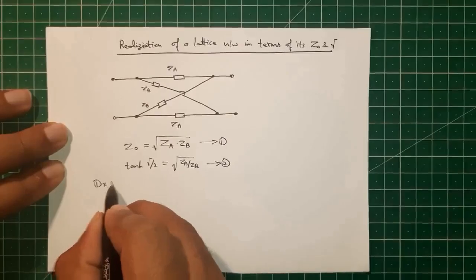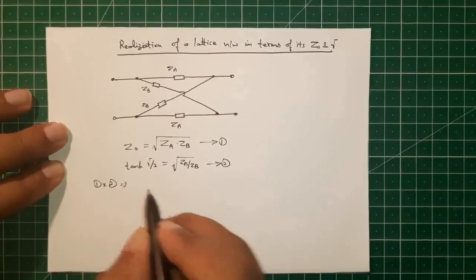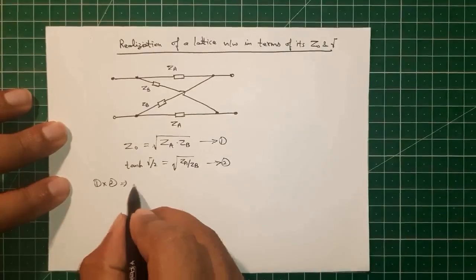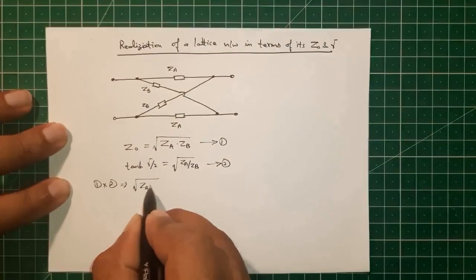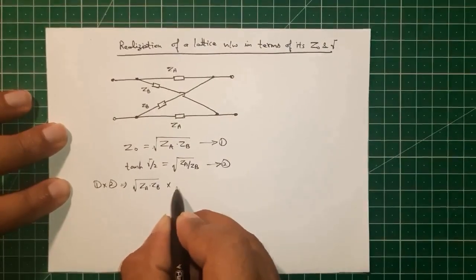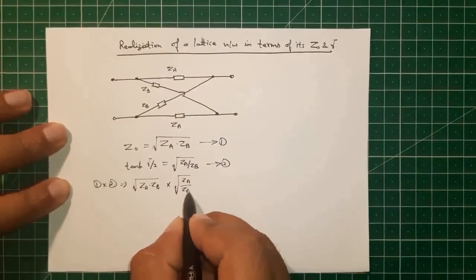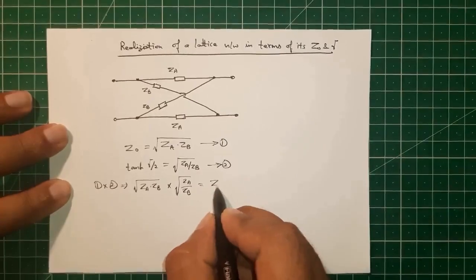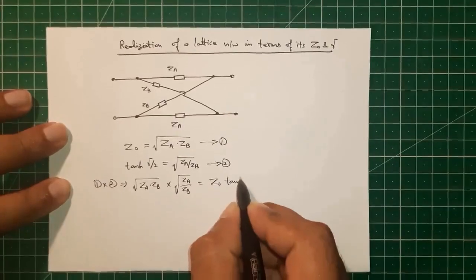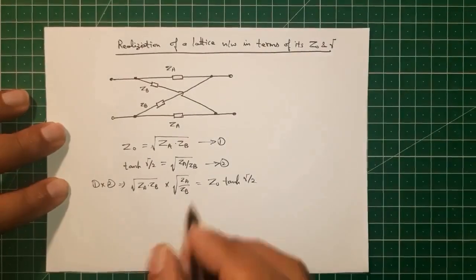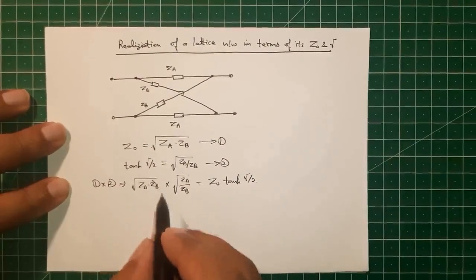On multiplying 1 and 2, you will get square root of ZA into ZB into root of ZA by ZB is equal to Z0 tanh gamma by 2. So we can cancel these terms.